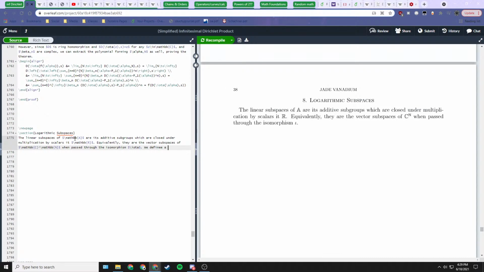We define a logarithmic subspace of A as the image of a linear subspace when passed through the function exp.